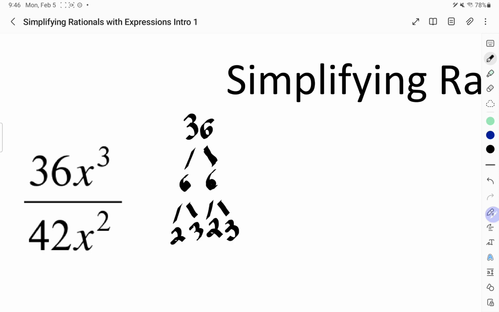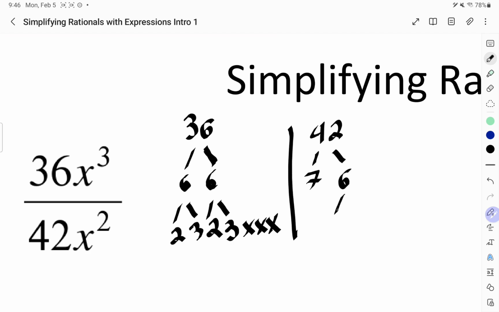Okay, now how many x's do we have on here? 1, 2, 3. That's what we're going to be setting up on the top of our fraction once we rewrite it. Now 42 is going to be broken into 7 and 6. Again, 6 is 2 and 3, and this one only has 2 x's.